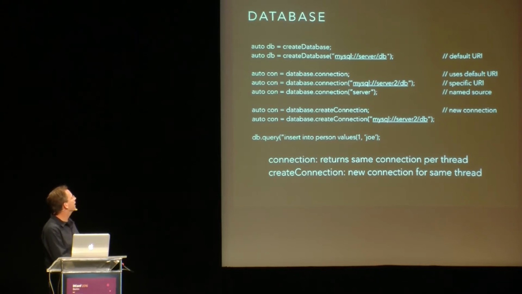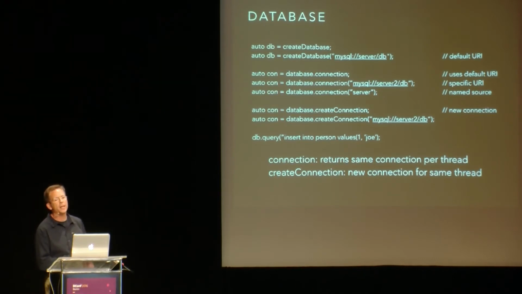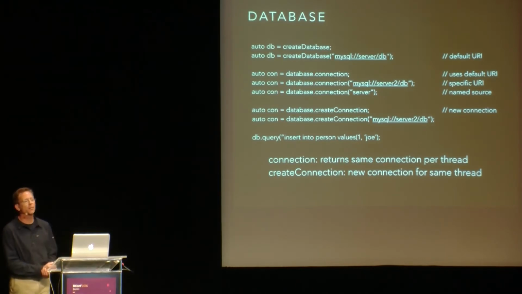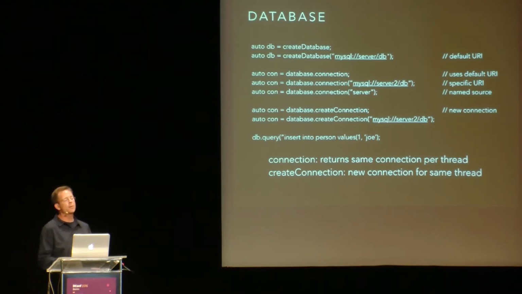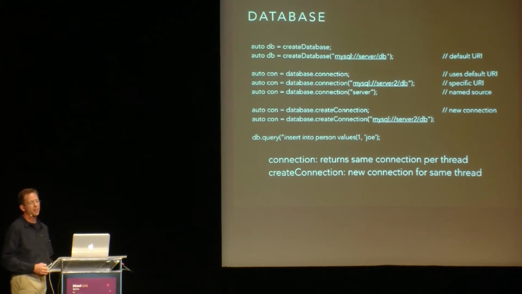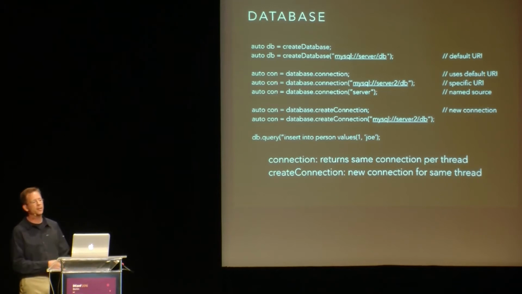Or you can specify a specific one for the connection. It also supports, rather than a URI, a named key, which is something which hooks into a resolver. This is a resolver that you can add yourself to specify that it should look up configuration. Because a URI isn't going to work for everyone. Some people need to hook into existing configurations.